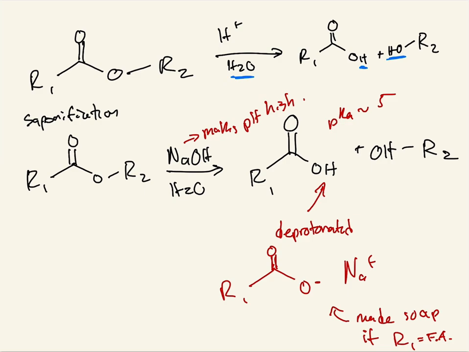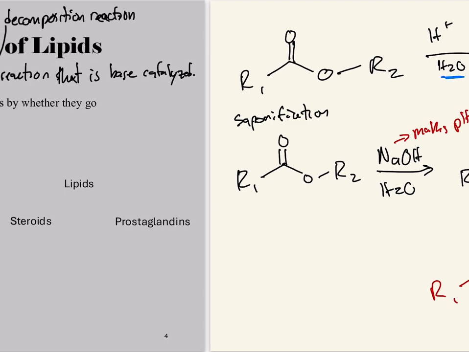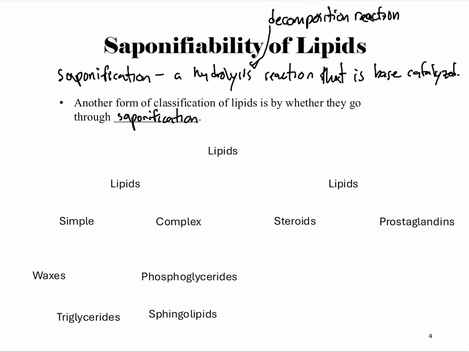But these types of hydrolysis reactions, and saponification was a specific base-catalyzed hydrolysis reaction, are another way that we can classify the different lipids that we have. I don't like these words, but lipids can be broken up into non-saponifiable, it is a word, believe it or not, and saponifiable lipids.